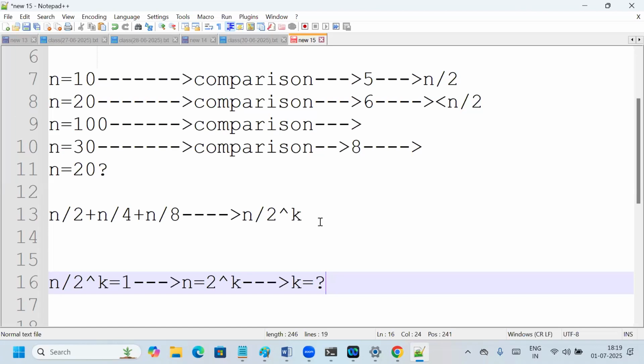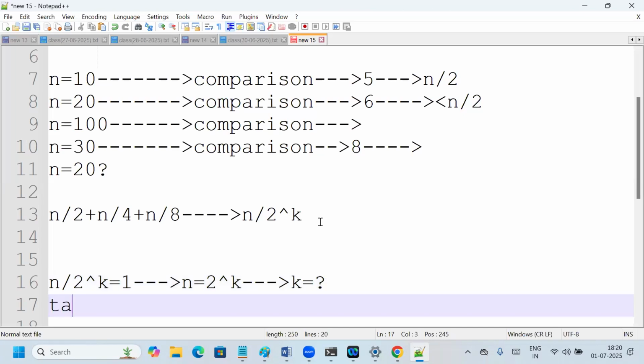Take, guys, one term is in the power. How you can say 1? Taking log on both sides. Log base 2 n equals to k into log base 2 2. See guys, what I'm trying to say. Taking log on both sides.